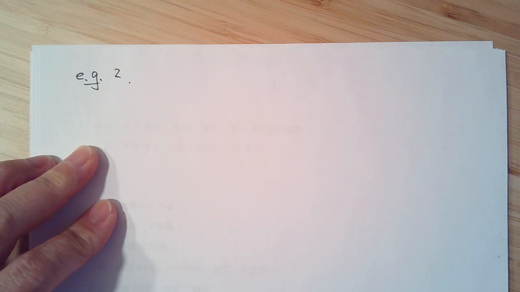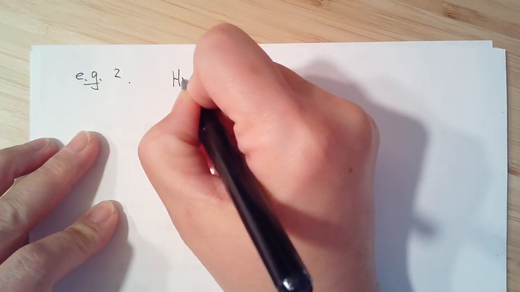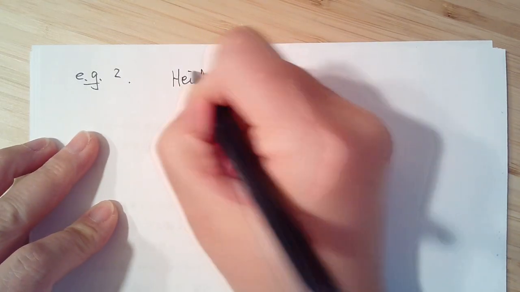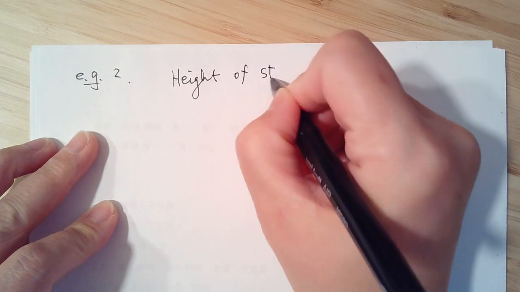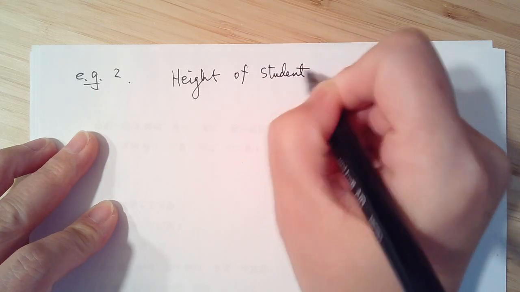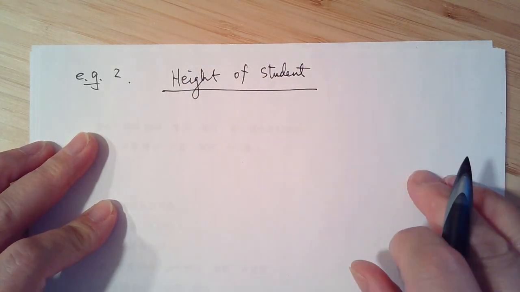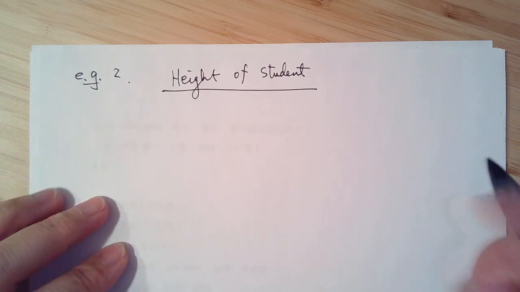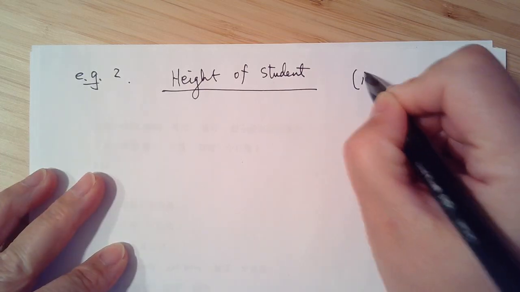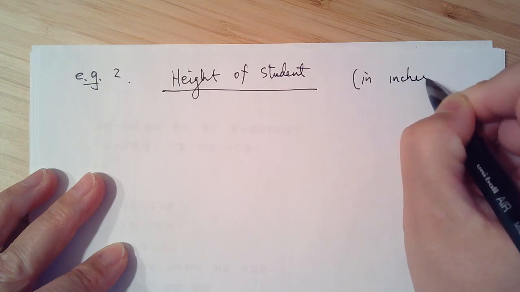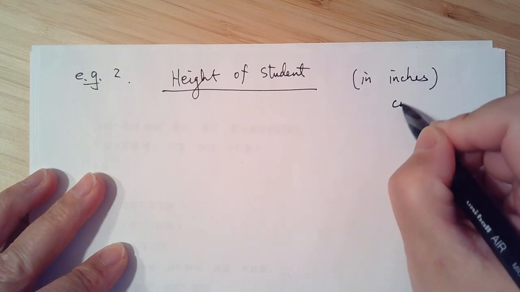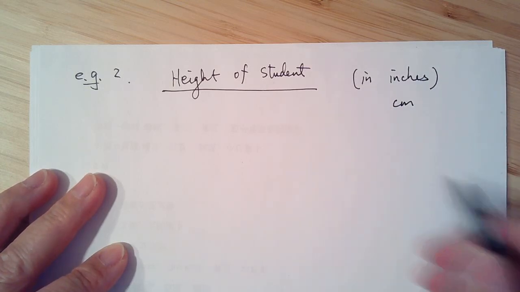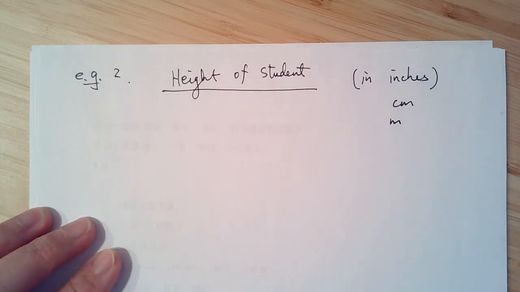Height of students. So this random variable is height. Usually it comes with a unit, so we say inches, or it could be centimeters or meters.